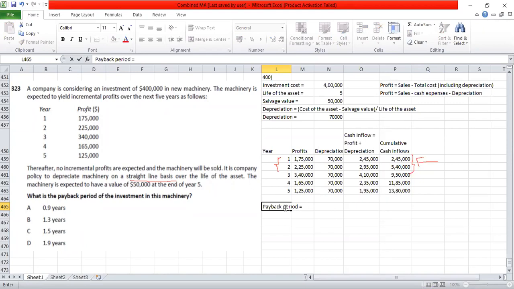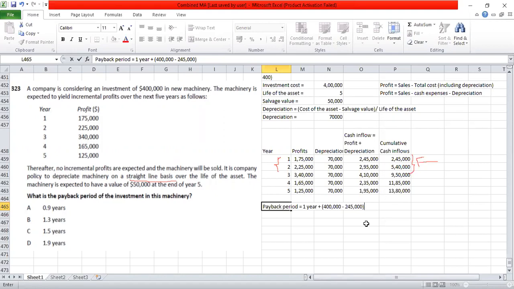Payback period is equal to a part of the amount paid back by the end of first year plus we want the balance of it. 245,000 was paid back. So how much more has to be paid back? Out of 400,000, after deducting 245,000, 400 minus 245 will be 155,000.